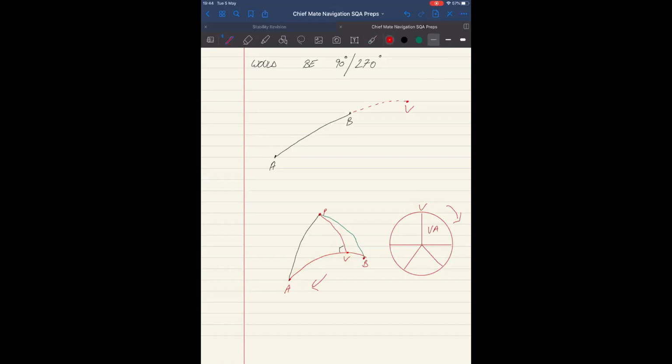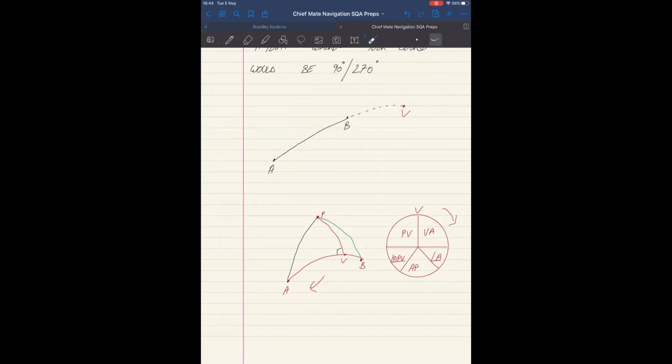The next thing, when we move clockwise further from VA, we get angle VAP, or I would say angle A. The next thing, when we move clockwise, we get is AP. The next thing comes up is angle APV. And the last thing comes up is PV. After PV, we have again reached V.